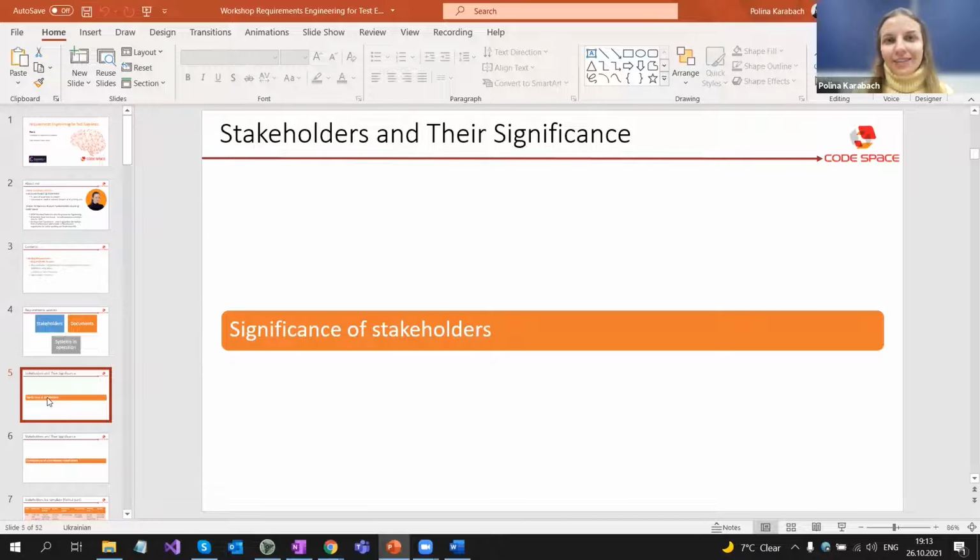While we are eliciting the requirements, so when we are gathering the information for new functionality, for new tools, new things we want to add, it's important, of course, to consider all the relevant stakeholders. What do I mean by that?